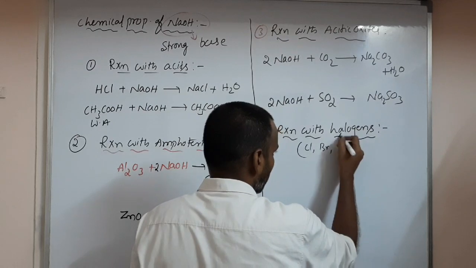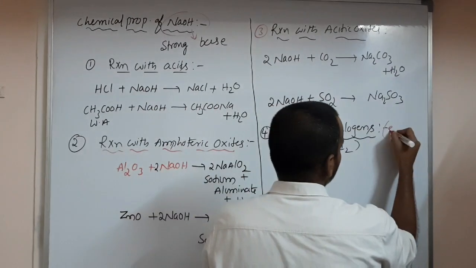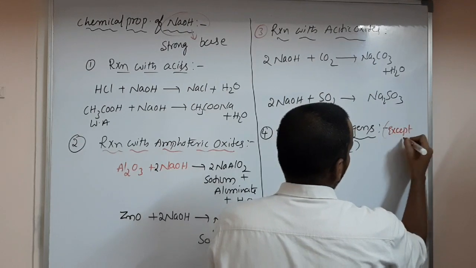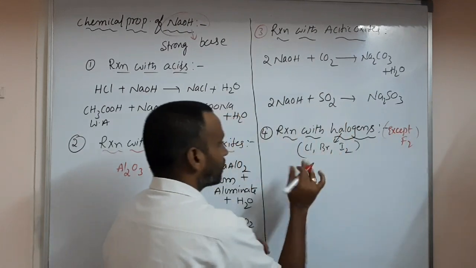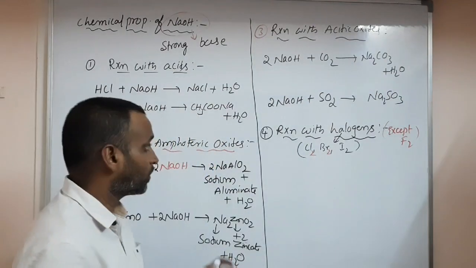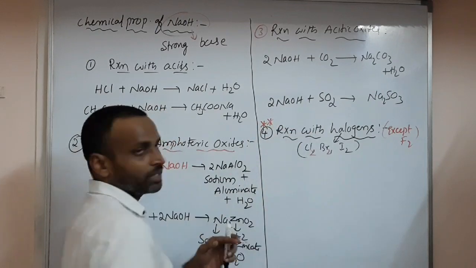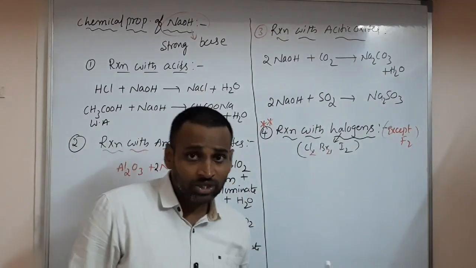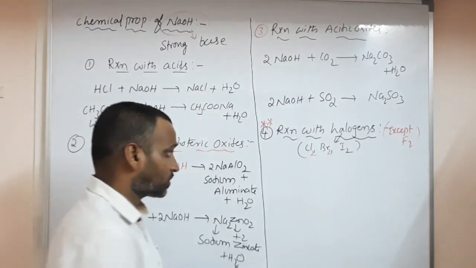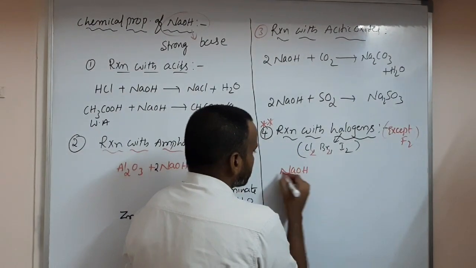Halogen here means everything except fluorine: Cl2, Br2, I2. Very important. This one is too important, please everybody concentrate. Reaction with halogen.